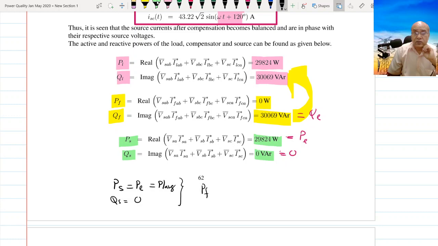Therefore, PF equal to 0 and QF equal to QL. So in this way, we are able to meet the requirements of the load powers. At the same time, we maintain the quality of the supply, that the currents are always in phase with their voltages and they're always balanced.